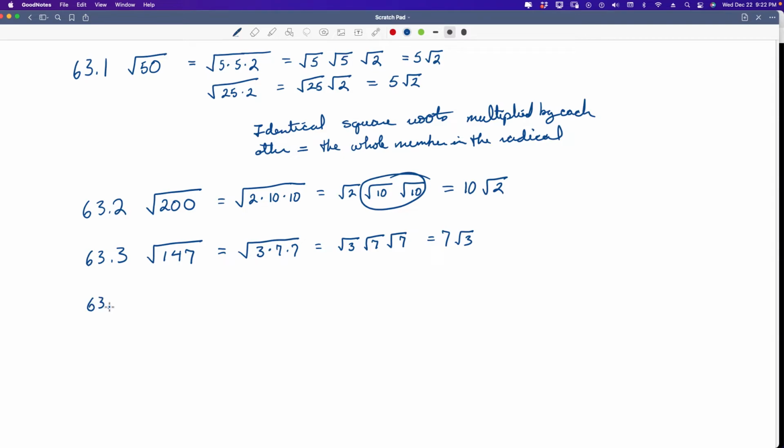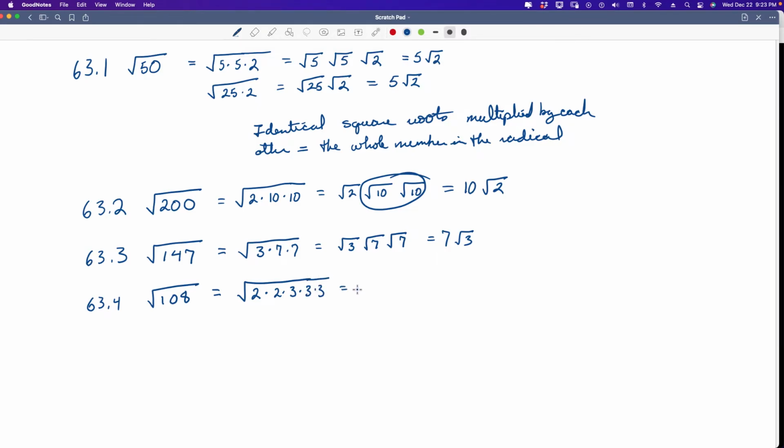We have one more. We have 63.4. We're going to simplify the square root of 108. So we know that it is going to be 2 times 54. 54 is 2 times 27. 27 is 3 times 9, and 9 is 3 times 3, right?